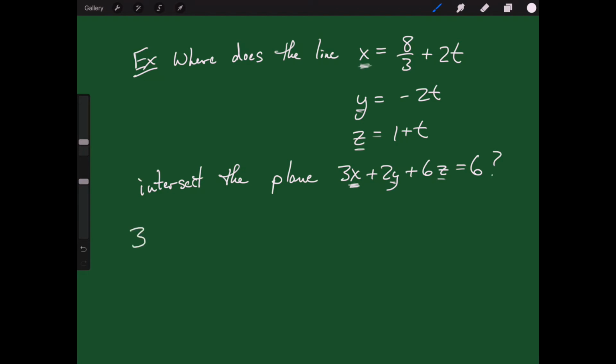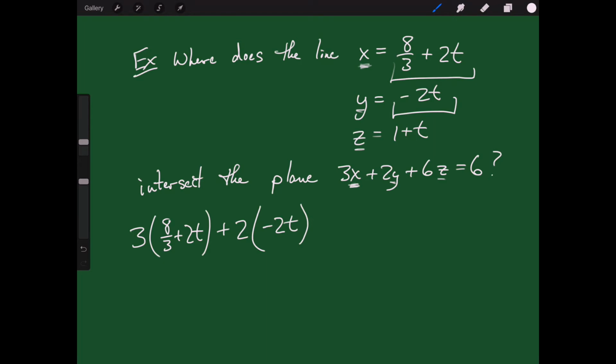So we get 3 times x, but x in this case is 8/3 plus 2t. So I'm just going to replace it with 8/3 plus 2t, plus 2 times y, but y now is negative 2t, and then plus 6 times z, but z now is 1 plus t, and I know that that's supposed to equal 6.